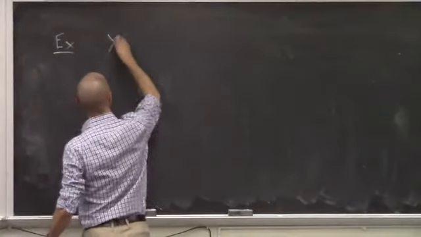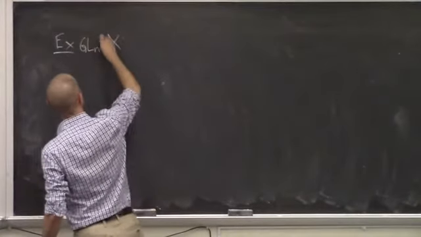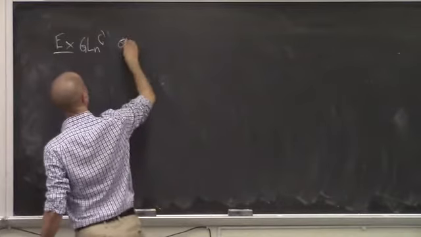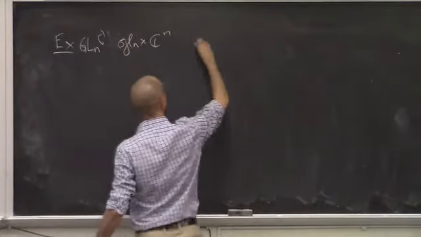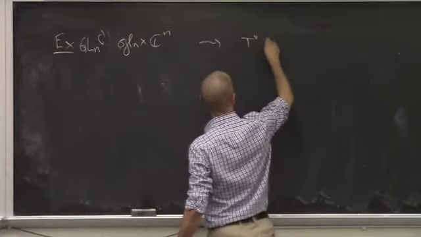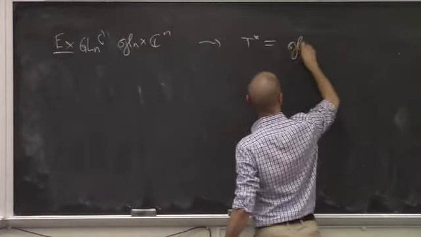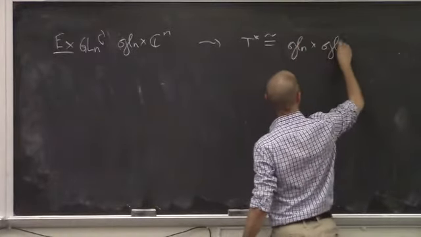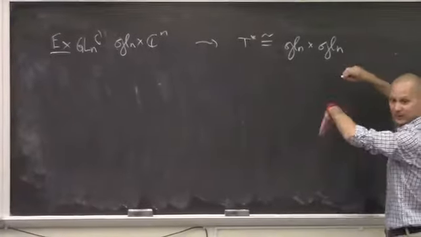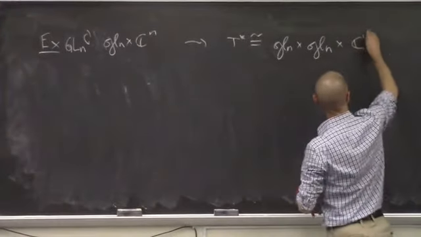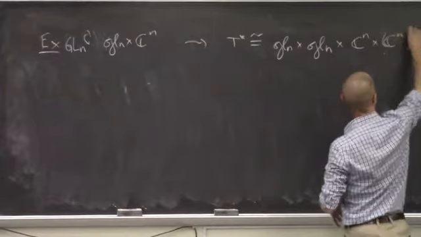So for example, in this case where I had GL_n acting on this thing, now the cotangent bundle is, well, just a vector space. So I take the cotangent bundle of that. It's the vector space cross its dual.